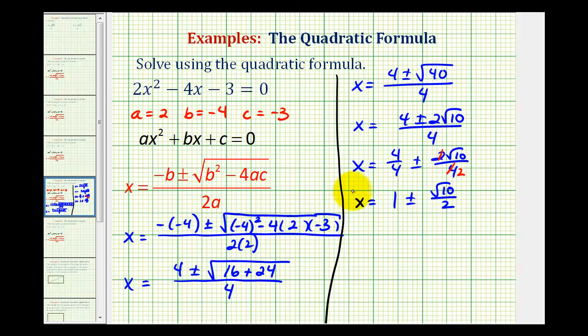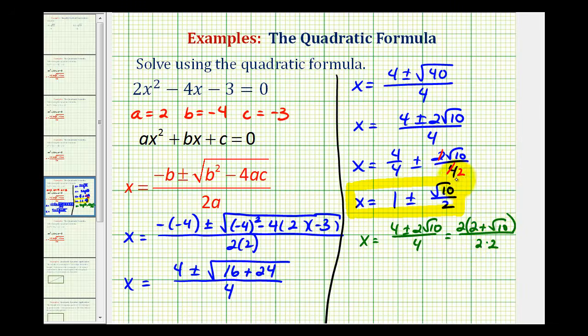But I do want to mention, if we simplify this in a slightly different way, while the answers will be equivalent, the form will be slightly different. If we go back up to this form here, x equals 4 plus or minus 2 square root 10 divided by 4, and factor the greatest common factor out of the numerator, which would be 2, we would have 2 times the quantity 2 plus square root 10 all over 4, which we can write as 2 times 2.